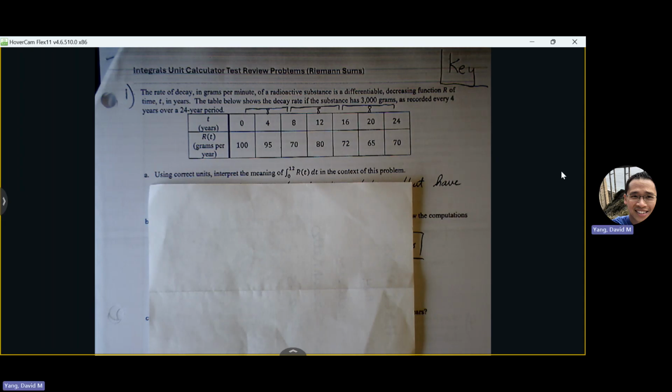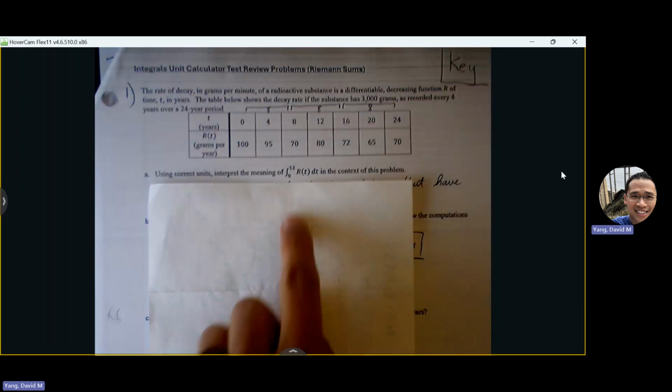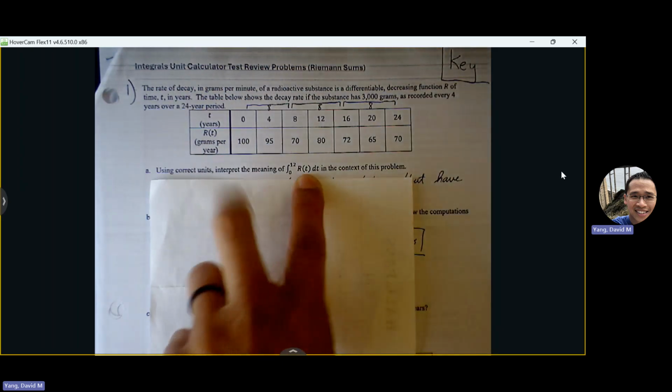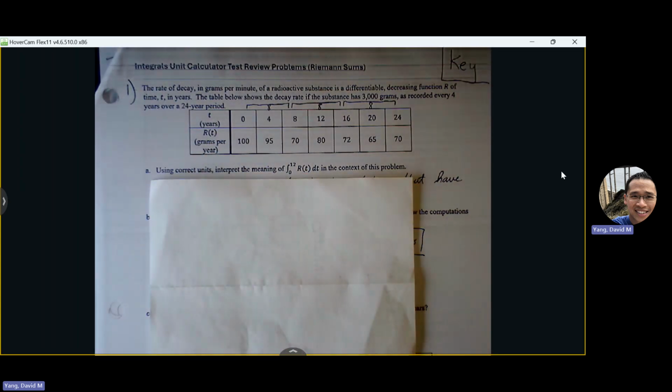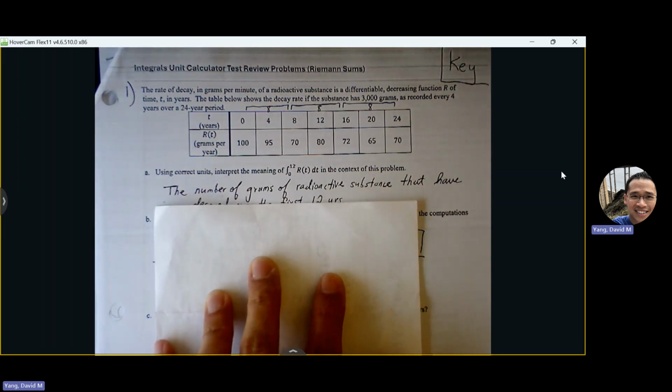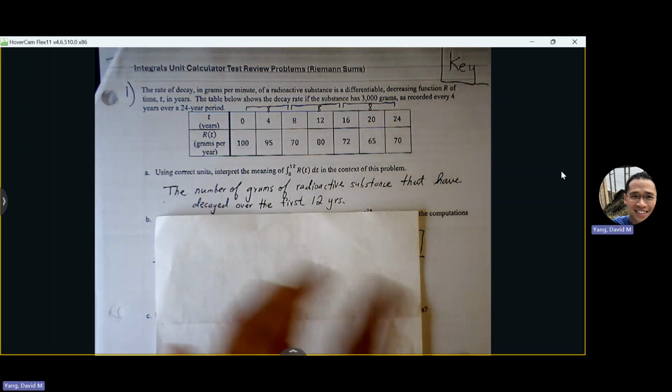So anytime you're doing an integral, you have to make sure that you're actually changing the unit. So whatever you start with, it's going to end up basically stripping away that denominator. Okay. But I think the struggle that a lot of students have is you see R of t and you feel like you have to hold on to that grams per year. But if you're accumulating that grams per year over an amount of time, your unit is going to change to the number of grams.